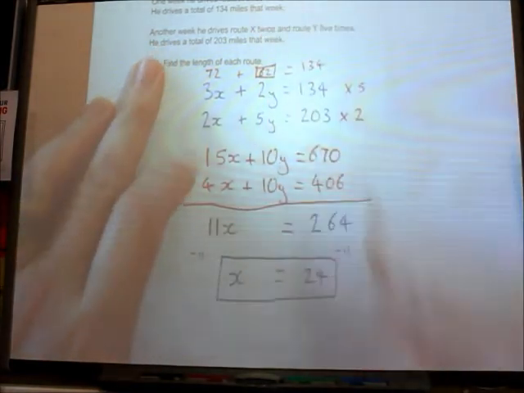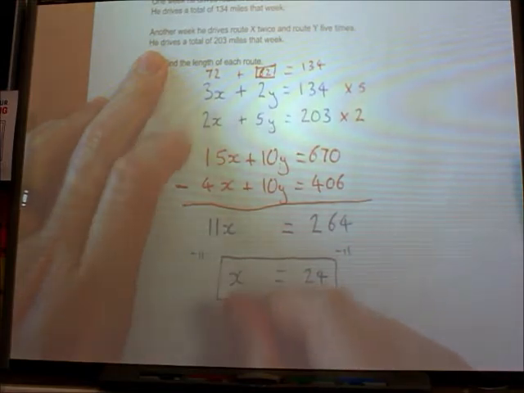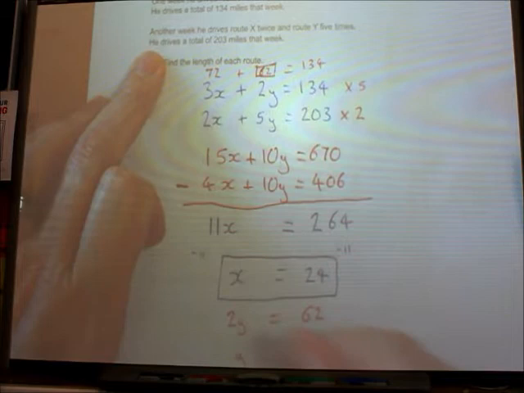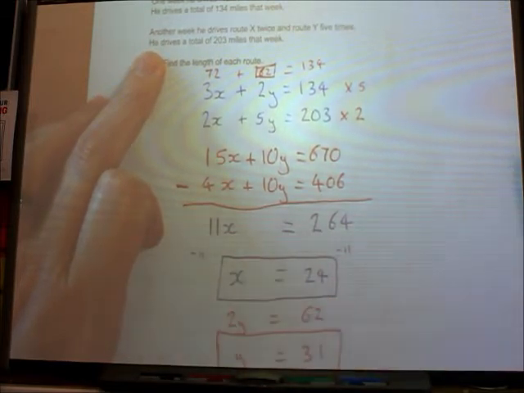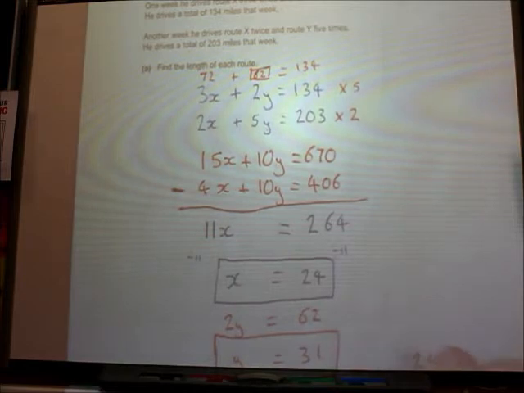So 2y is 62, 1y will be 31. So 1y is 31, and that is the answer. X is 24 and y is 31.